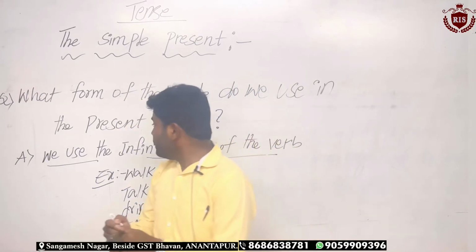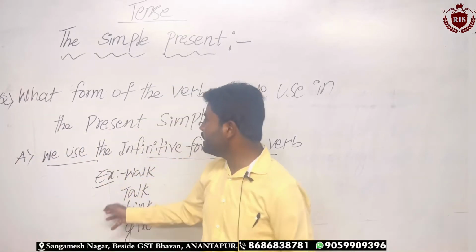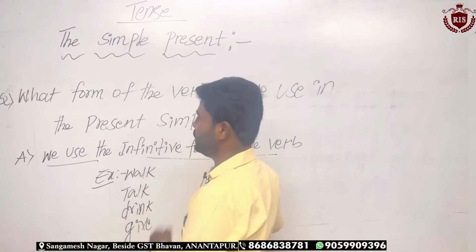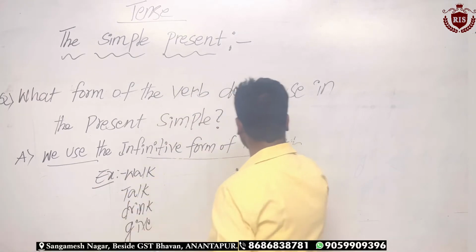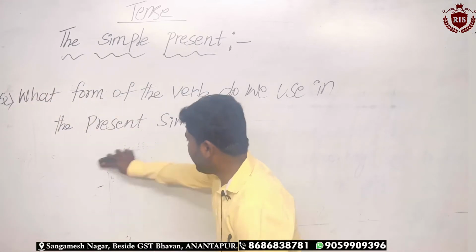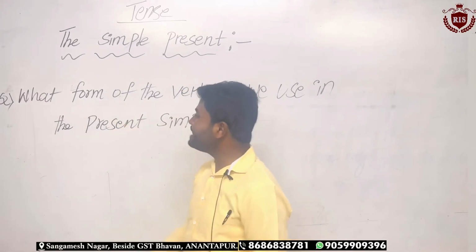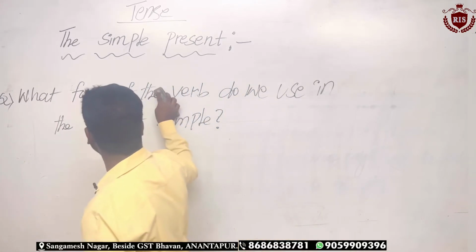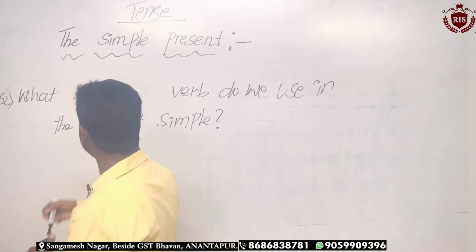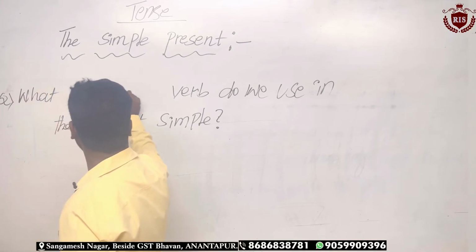Now, what are the helping verbs, I mean auxiliary verbs, that we use in the present simple? Let us know. I hope everyone has understood till here. So the next question is, what auxiliary? Helping verbs are also known as auxiliary. In simple language, let us write it as helping verb.